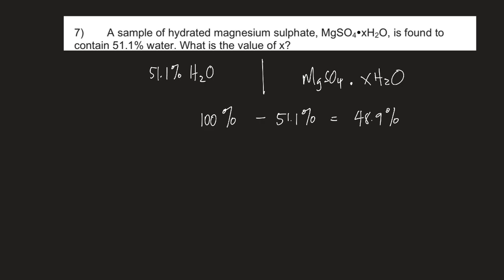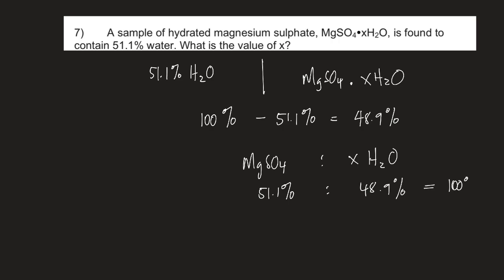Okay. The second thing you want to do is you want to look at your percentage. So what you've got now is percentage ratio. So you've got MgSO4 and xH2O, and you've got 48.9% is to 51.1%. Now this percentage gives you 100%. And remember, if something gives you 100%, it actually gives you a 100 gram sample.